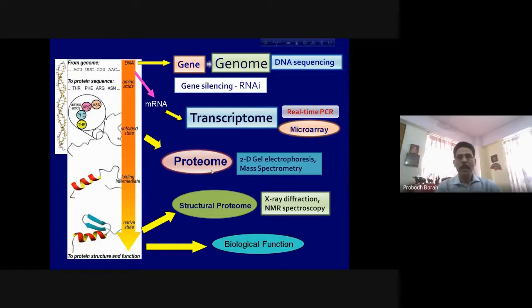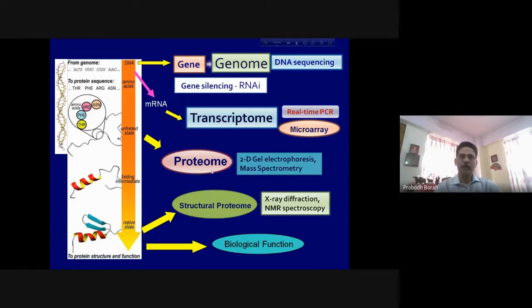But of course, I shall have to also refer to another level of omics technology that we call metabolomics. So what is metabolomics? As we have said, the variability in proteome can give us the idea of variability in phenotype. But as you know, proteins do not act standing alone.